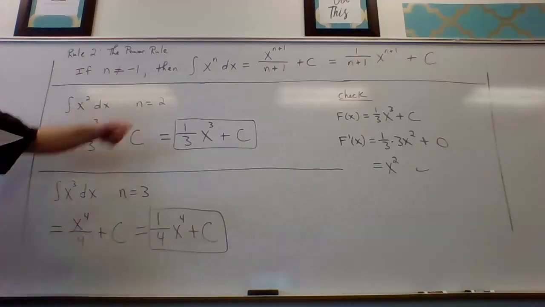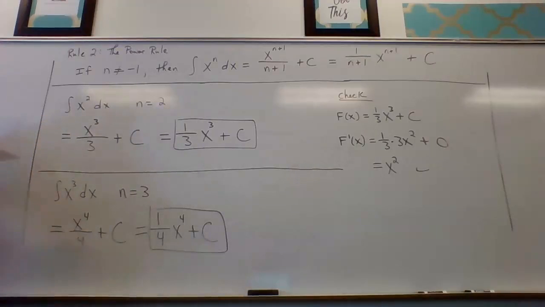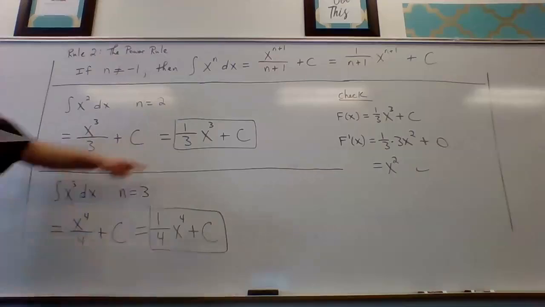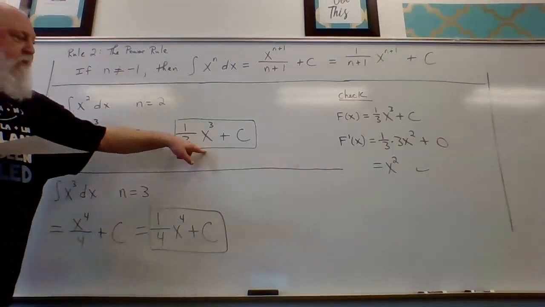Well, n equals 2 in this case. And so the antiderivative of x squared, we add 1 to the exponent and get 3. And then we divide by the new exponent 3. And then we add to that c. So the antiderivative of x squared is x cubed over 3 plus c, which can be written as 1/3 times x cubed plus c.